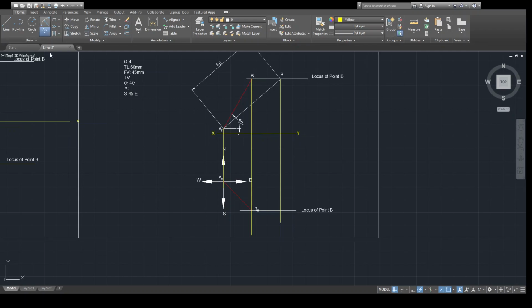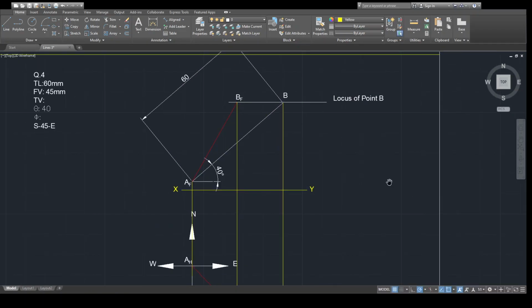So we will rotate. So this front view will rotate. This is my starting point of the arc, and this is the center point.